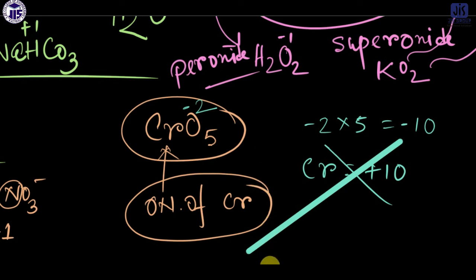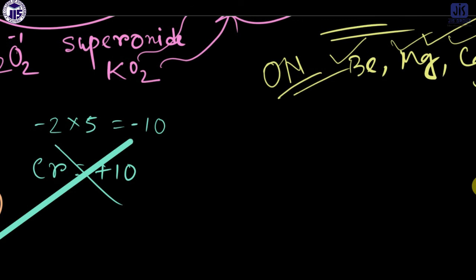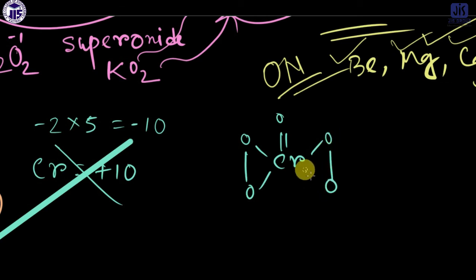So what we have to do is know the structure of the compound. What is the structure of the compound? Here the structure of chromium looks like a butterfly, and look, there are peroxide bonds also. If there is a peroxide bond, then obviously each of those oxygens will be -1. So four oxygens with -1 each, and the remaining oxygen is -2.